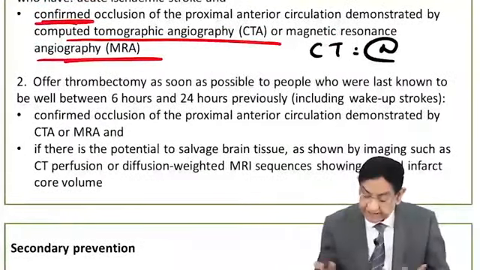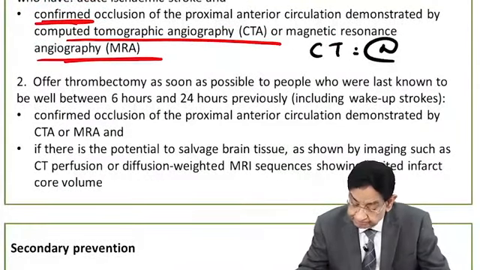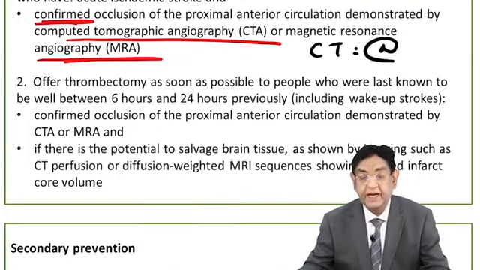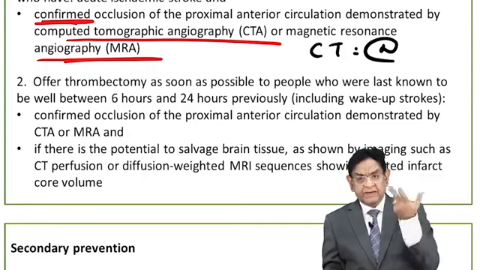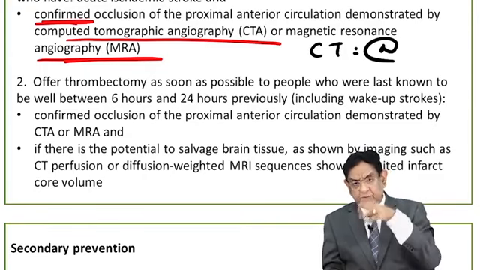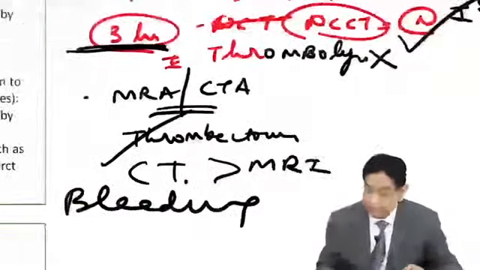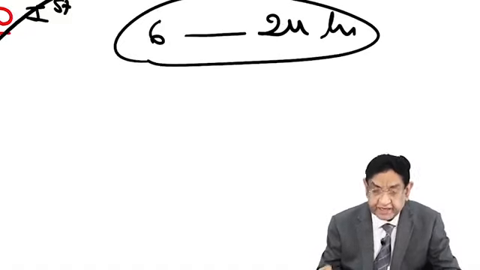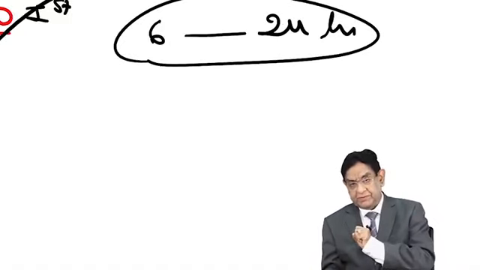Well, it's 10 hours now, even the 6-hour period is gone. So between the time of 6 hours to 24 hours, we can go for thrombectomy also.